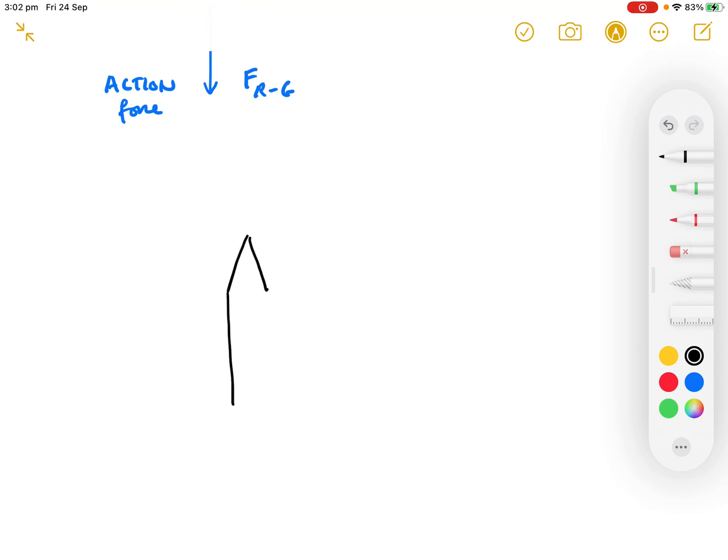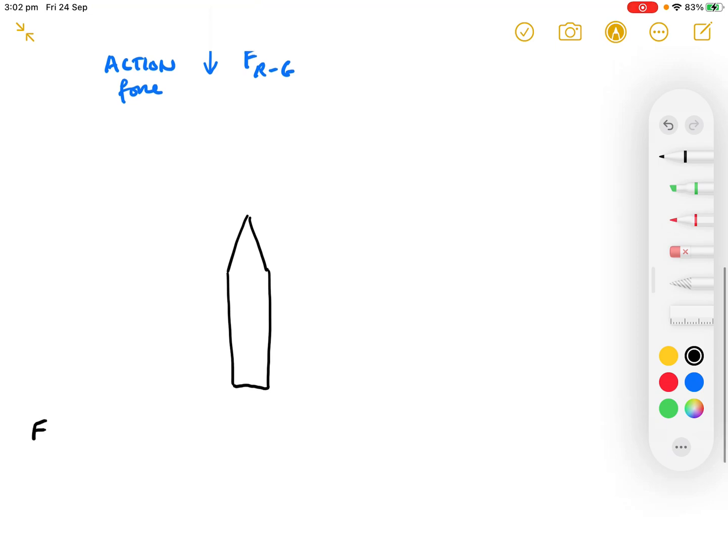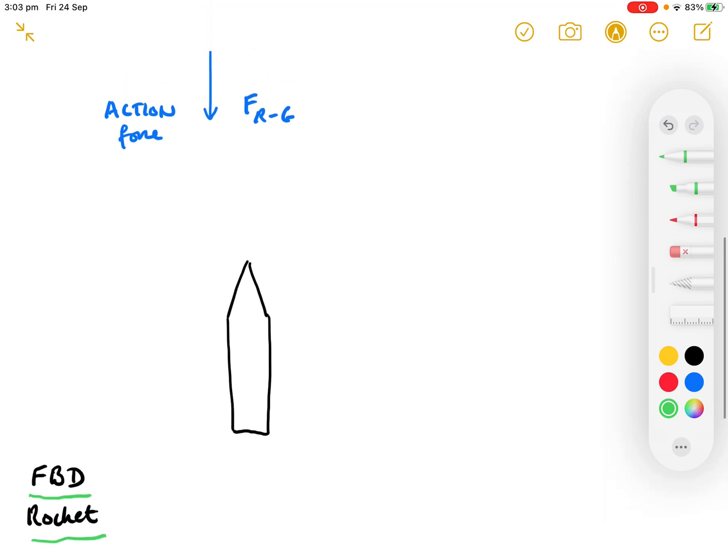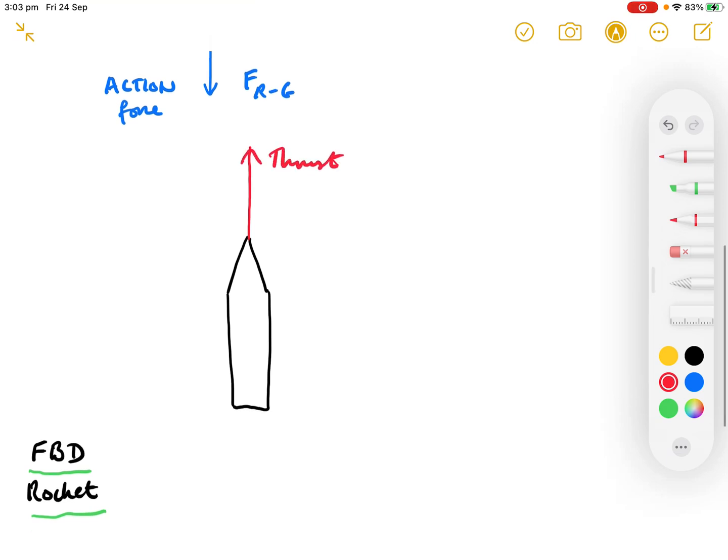If we go back now to a free body diagram for the rocket, well, we now know that the forces are thrust, up the way, and of course not forgetting the weight of the rocket down the way.